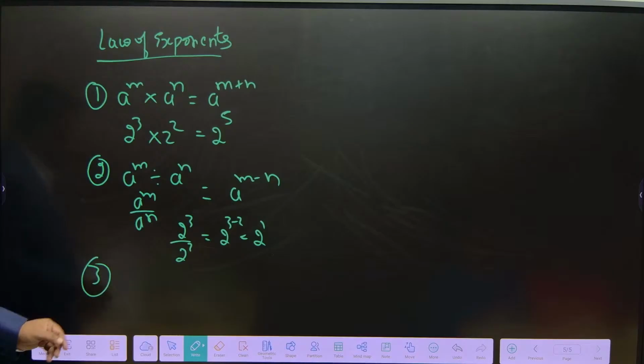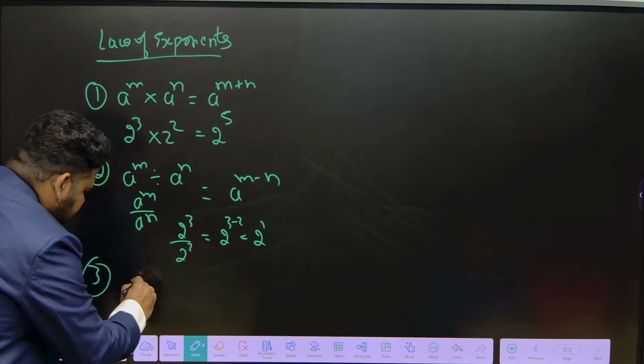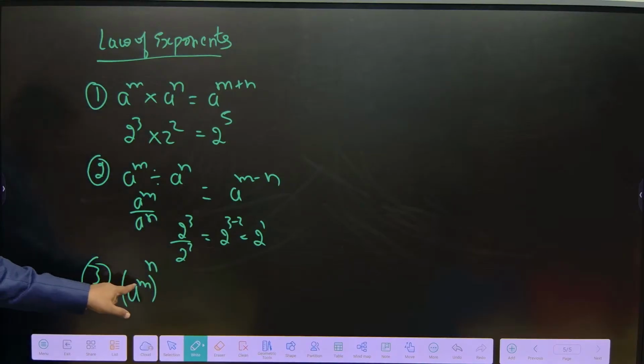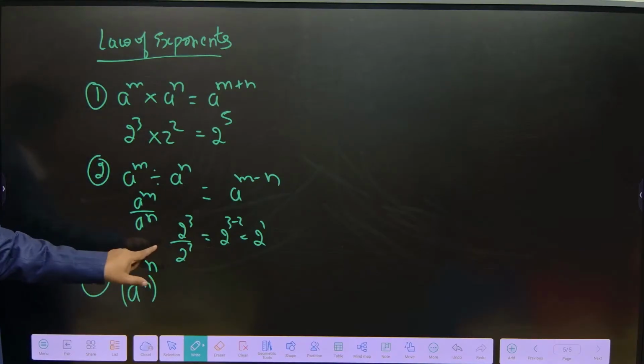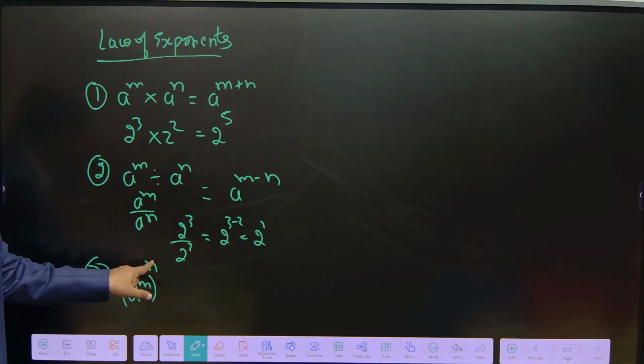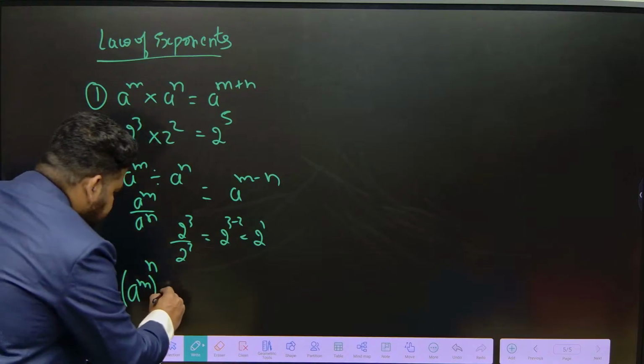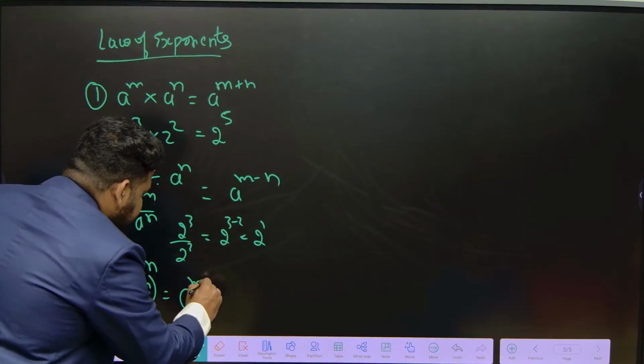Next, this is very important. Observe very carefully. If there is an exponent like this, a to the power of m whole to the power of n, with a bracket, then the answer is a to the power of m into n.